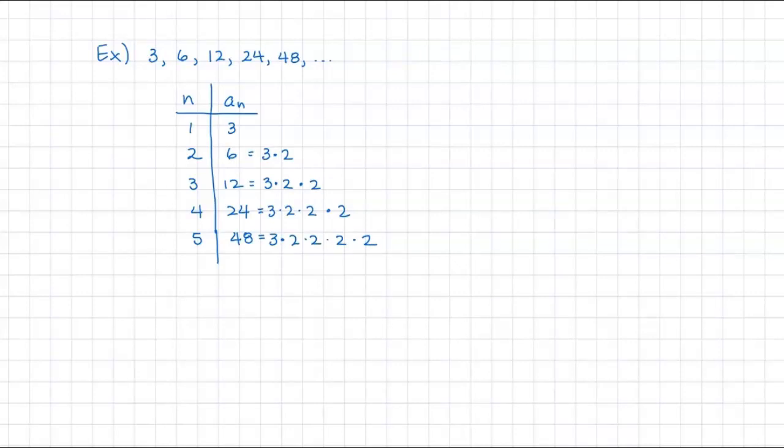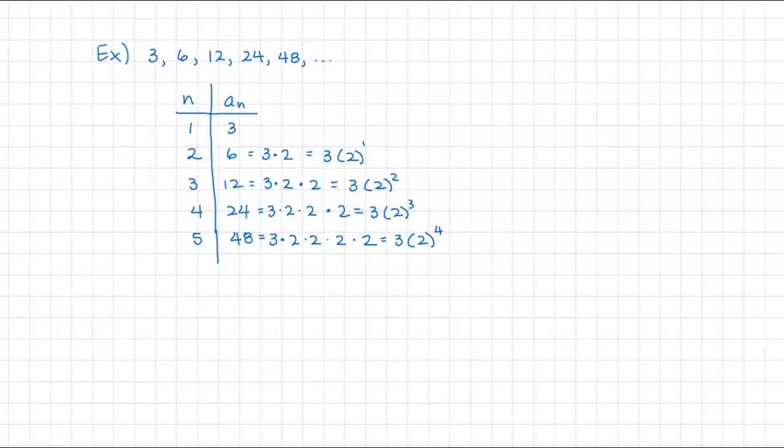And we know that when you multiply over and over again, repeated multiplication can be rewritten exponentially. So this is 3 times 2 to the first power. 12 is 3 times 2 to the second power. 24 is 3 times 2 to the third power, and 48 is 3 times 2 to the fourth power.